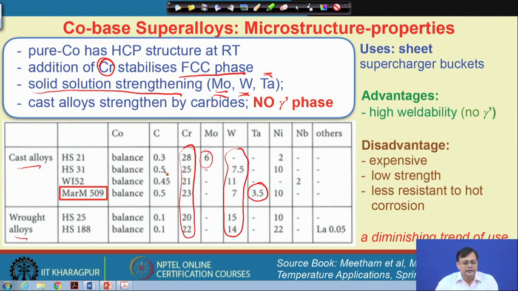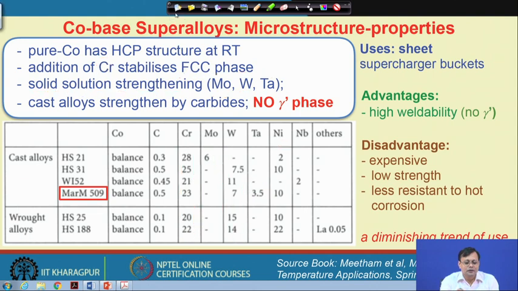However, here also nickel is added for the solid solutioning purpose, and the strengthening effect is mostly generated due to the presence of carbides. So, the cast alloys are mostly strengthened by the carbides, and to form carbides we need to add carbon.